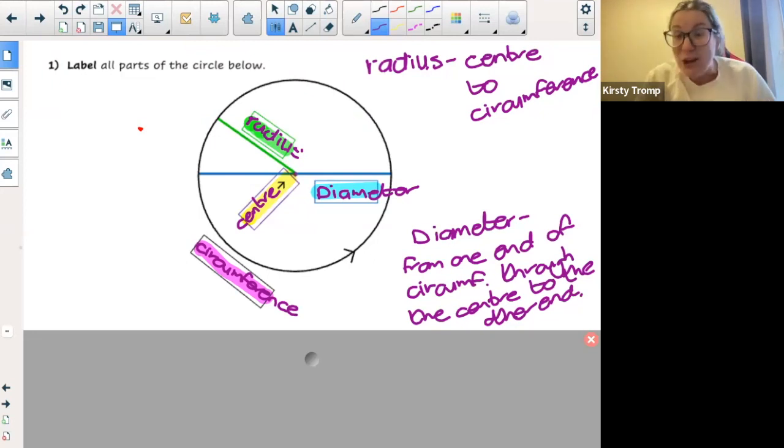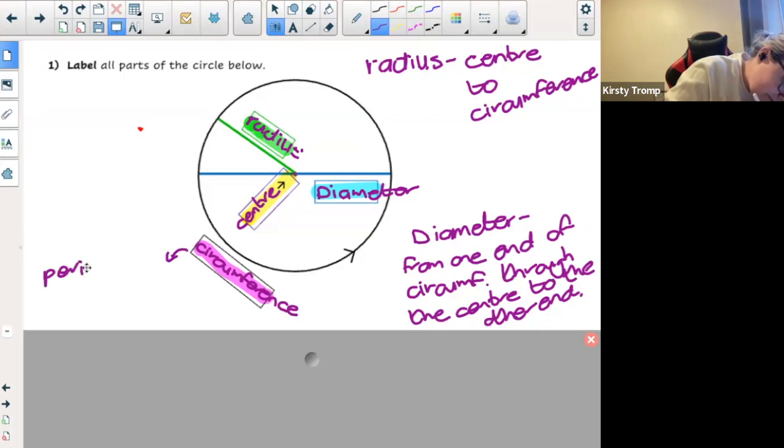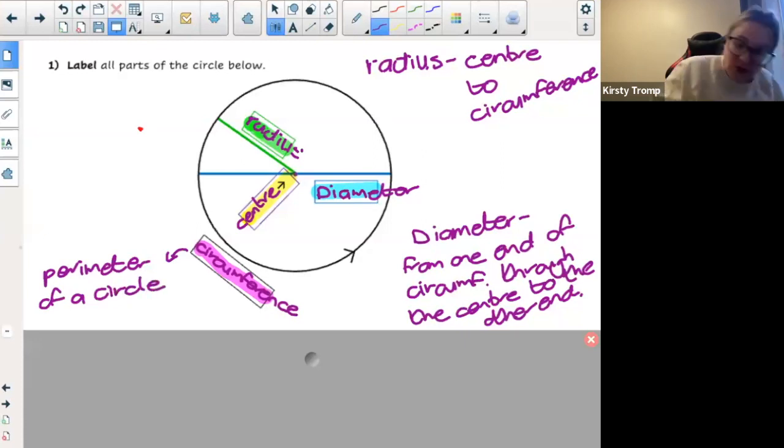Go to the kitchen, get a glass, a mug, or the tomato sauce bottle and use that to make a circle so that you can practice and make some notes. A reminder here as well, let's make a note about the word circumference. Circumference is the word for the perimeter of a circle.